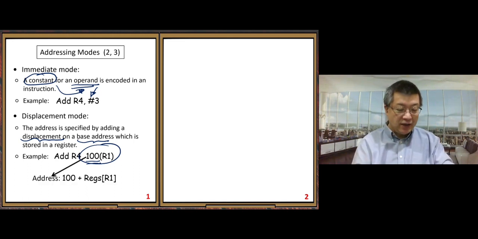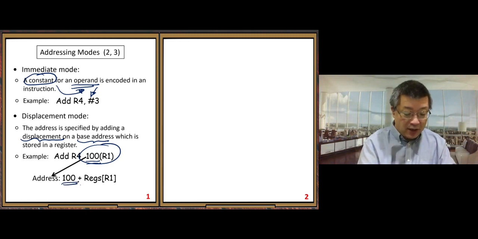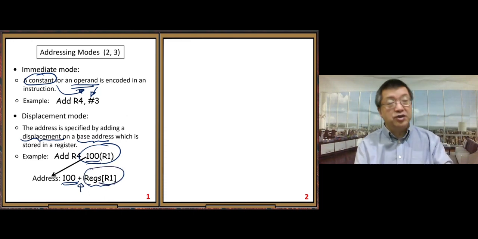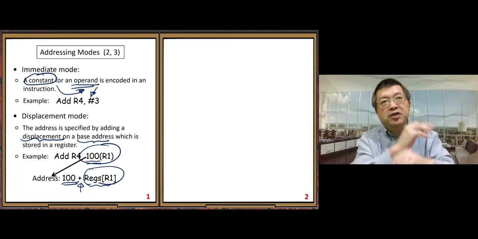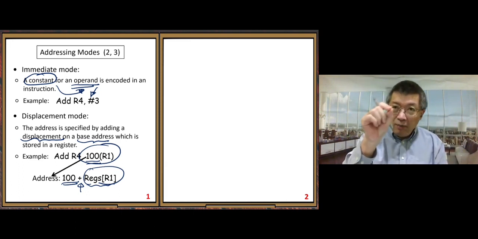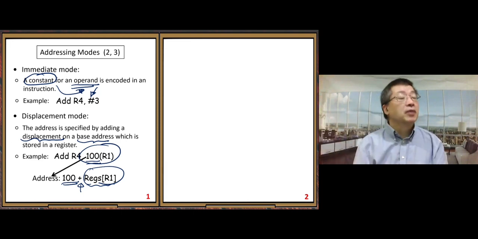The address is the 100 displacement plus the base address. The value stored in the R1 register is the base address, but we need to jump another 100 bytes.